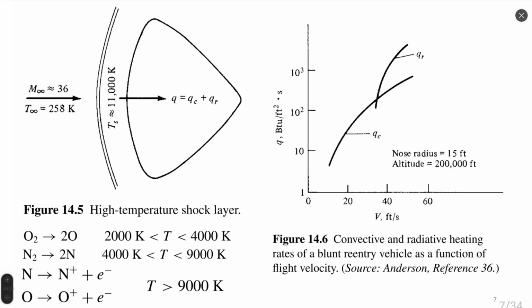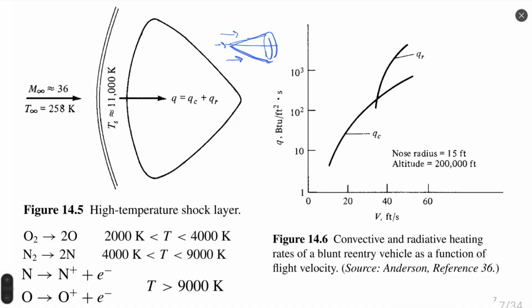This shape cannot have, for example, a conical surface. If we have a conical object re-entering with hypersonic velocity, in a very short time this re-entry body will be totally burnt. Why? Because, as you probably remember from aerodynamics, energy is distributed in different ways: in heating of the body and heating of the air. In case of figure 5, the body is heated less and the air is heated more. You can see that the temperature is approximately 11,000 Kelvin.